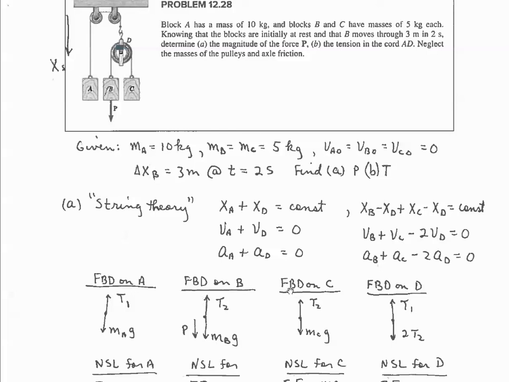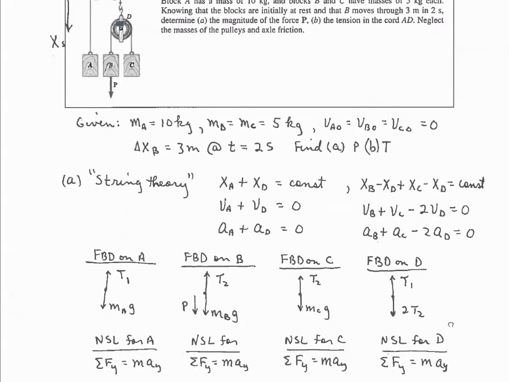Free body diagram on C: we'll have just a T2 up minus MCG downward. Actually, it's not going to be minus because the positive direction is downward for us. So the free body diagram on D is going to look like this, and so forth.